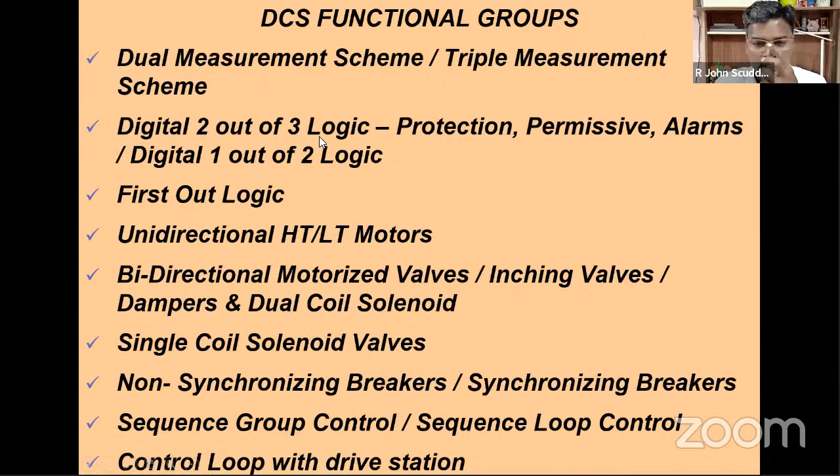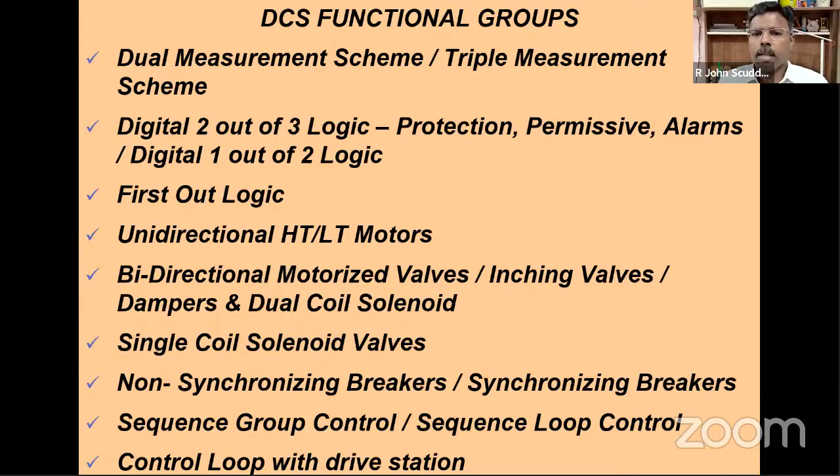Same way, logics of digital inputs also can be done like that. At least 2 out of 3. If 2 digital inputs are coming, then only it will trip. Like that we can do. Then first out logic, as I earlier told you, the sequence of events. This first out logic is very, very important. Imagine in a turbine's protection, at least we have 27 causes for which the turbine can trip. And when the turbine trips, at least 5 to 7 causes are displayed on the screen.